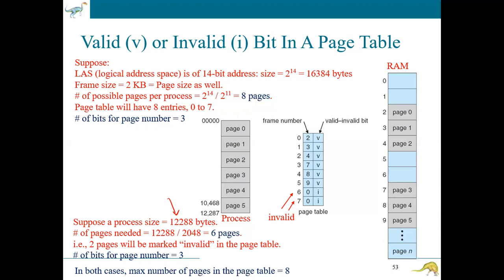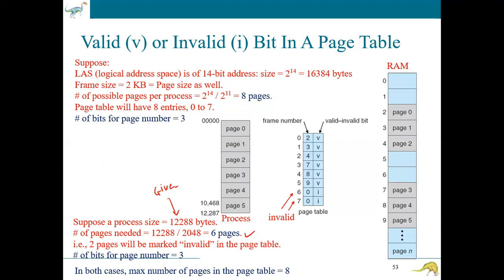Exactly 6 means no wastage, no internal fragmentation. So you understand that this is given and this you derived. That's why I'm showing you the red font as given and the black font as not given. The black font is what you're computing.